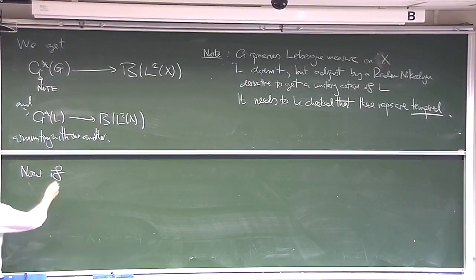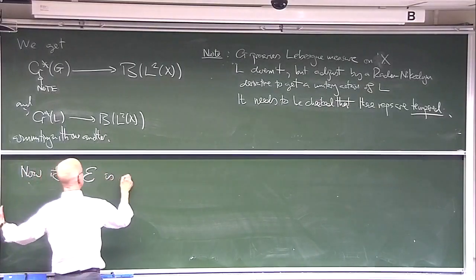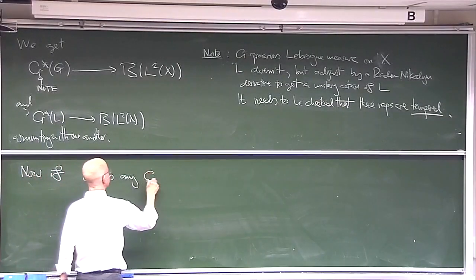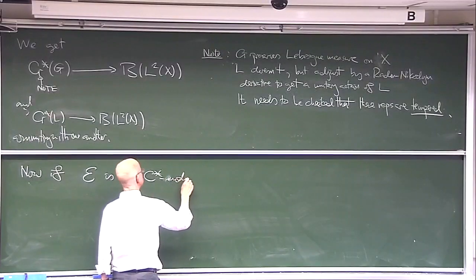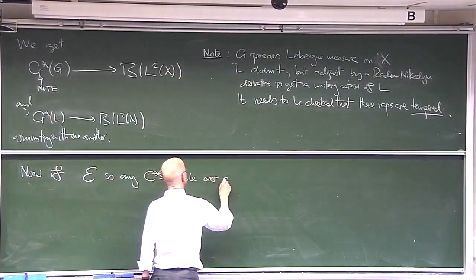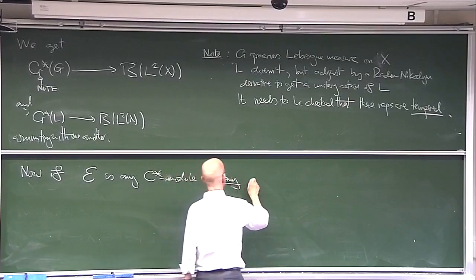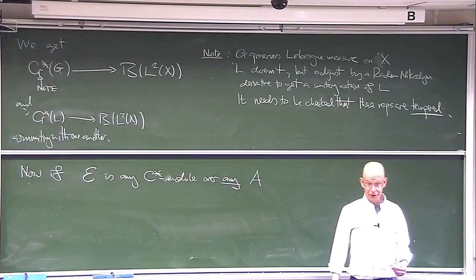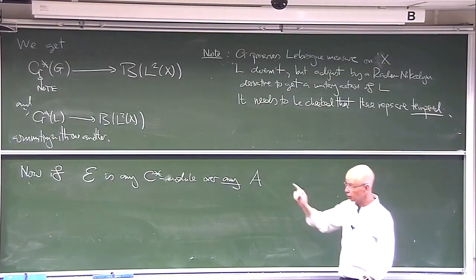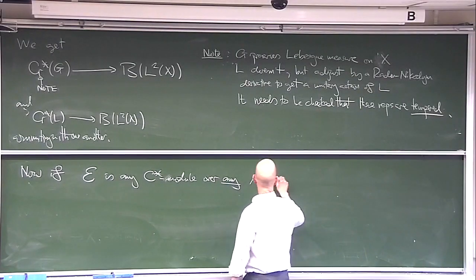Suppose I have any module with C-star type over any A. Let me make a very general, elementary statement here, then we'll go back and apply it.